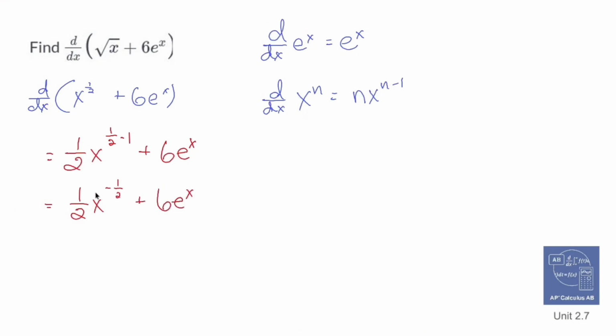Since that's x to the negative 1/2, let's drop that down to the denominator and make that x to the positive 1/2 plus 6e to the x, like so. And let's wrap this up by turning x to the 1/2 back into its root. So 1 over 2 root x plus 6e to the x. And that's going to be our derivative.